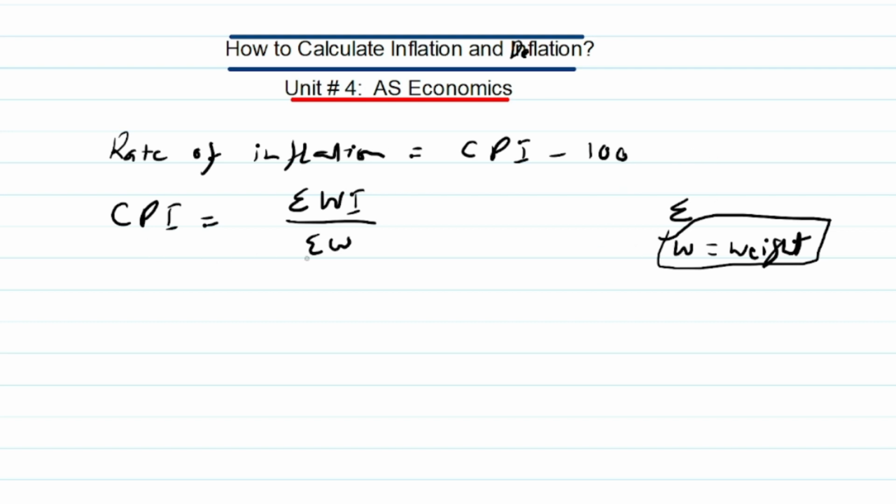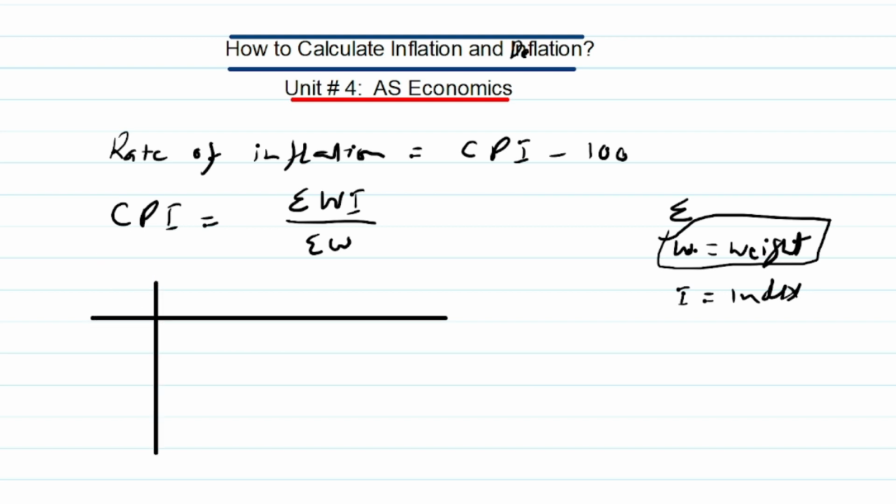Now move on to the next thing, that is I, which stands for index. Index basically shows the change in individual prices of the products, right? So if we multiply weight and index, we will get the weighted index, and we can look into one numerical example to finally see how to calculate the rate of inflation. I'm looking at a very simple example so that you understand the basic structure of answering this question.